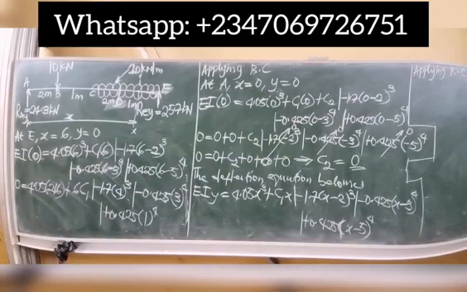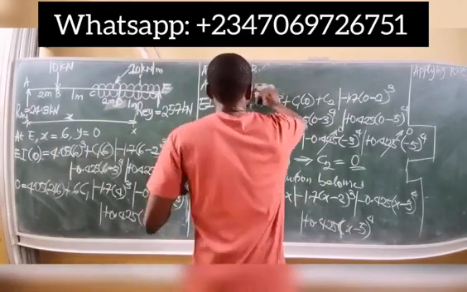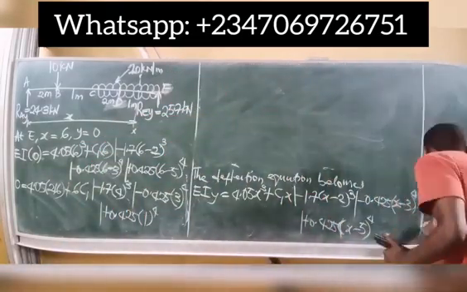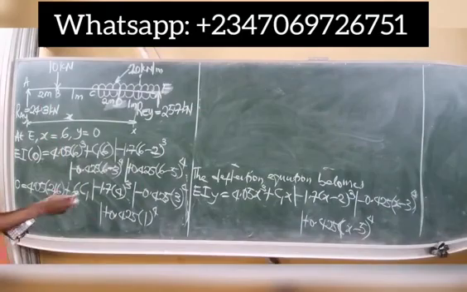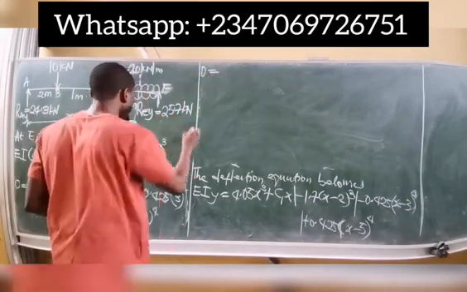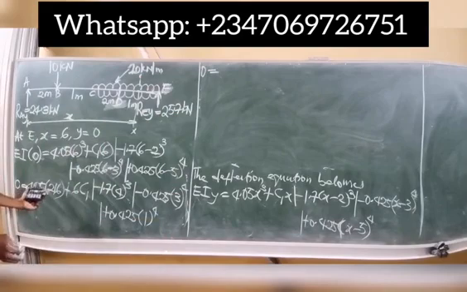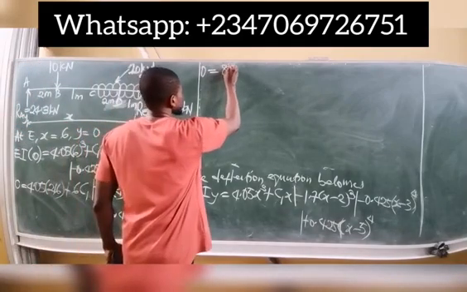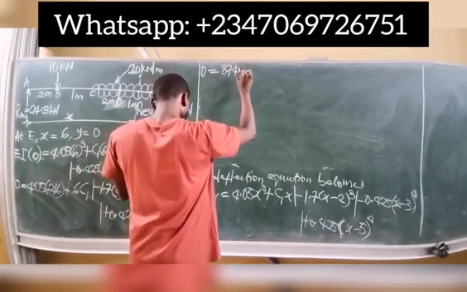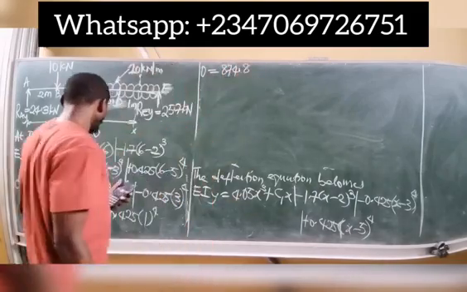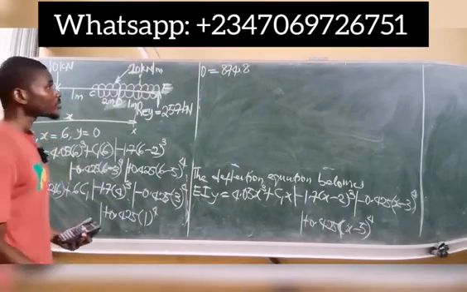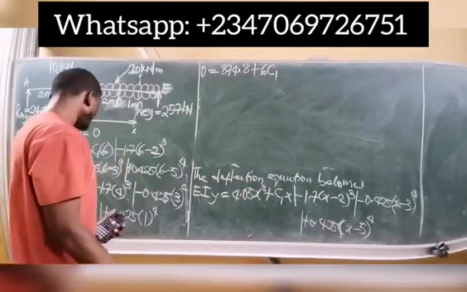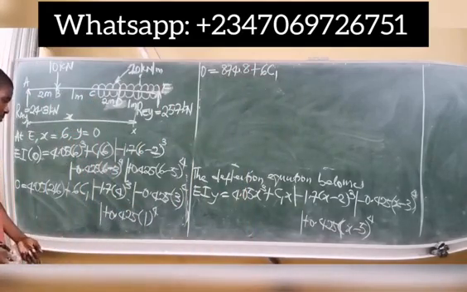Okay, so here we have 0 is now equal to, so 4.05 multiplies 216, that gives us 874.8, plus 6c1. Now let's consider the Macaulay's bracket now.